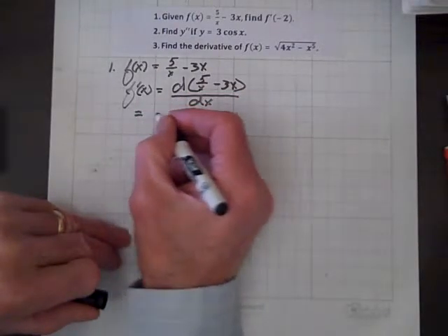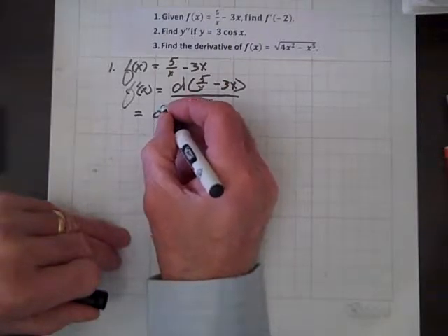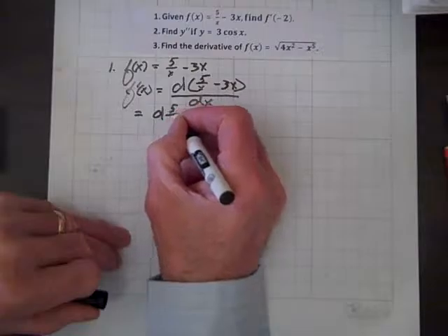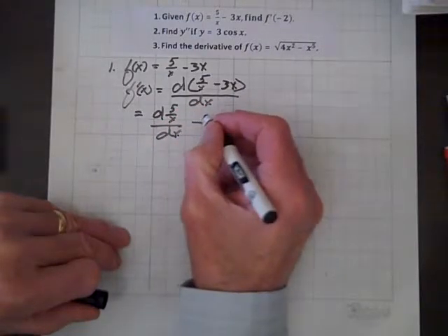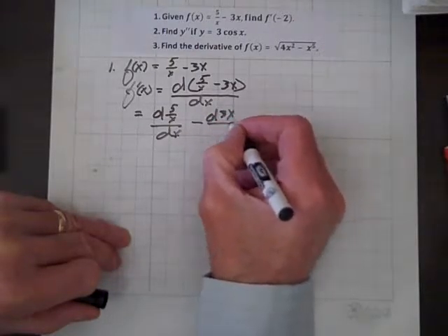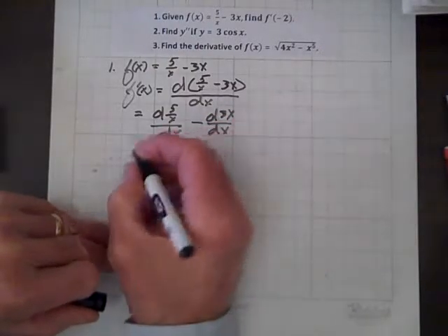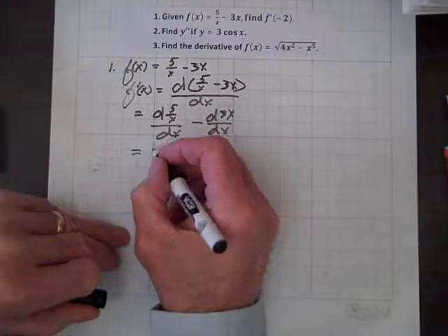So we can write that as two terms: the derivative of 5 over x with respect to x minus the derivative of 3x with respect to x. And so that equals, we can bring that 5 outside.